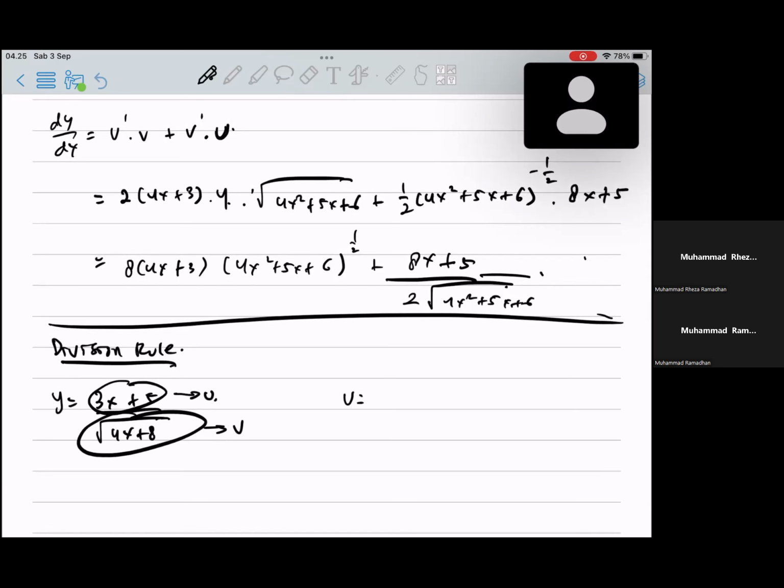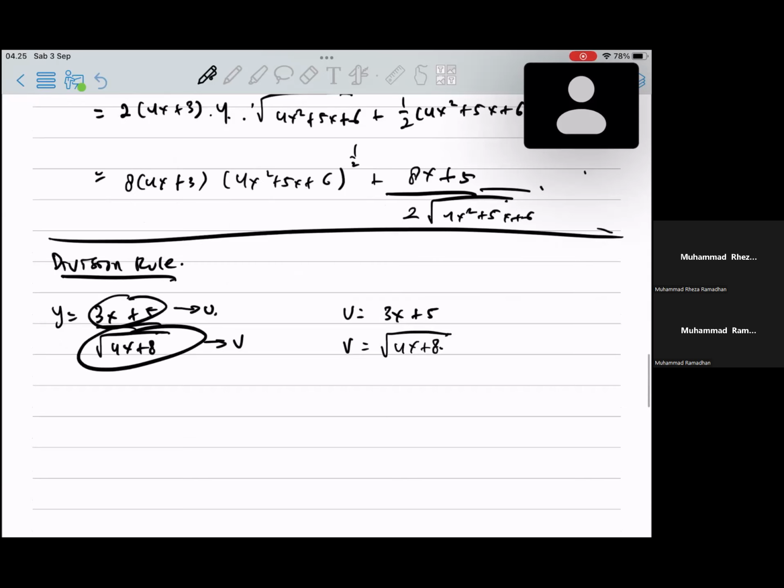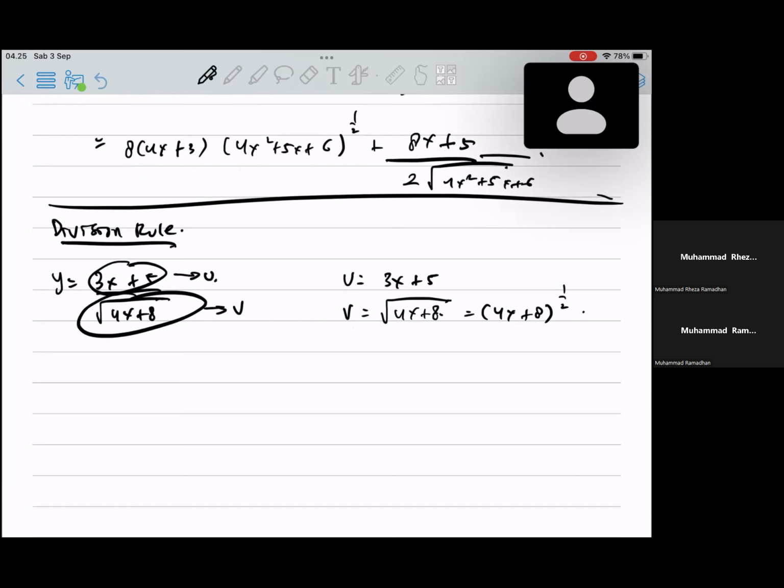So u is 3x plus 5 and v is root of 4x plus 8, which is equal to (4x plus 8) to the power of half. If y is equal to u over v, dy over dx is u prime v minus v prime u over v squared.